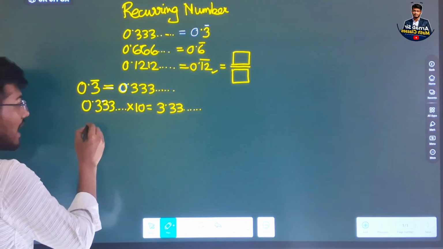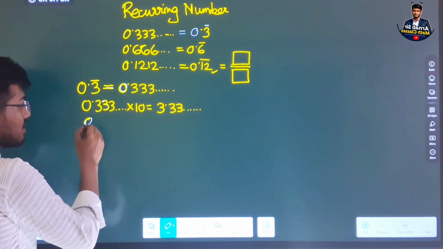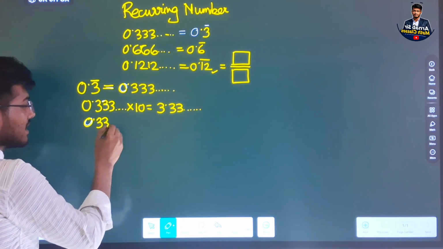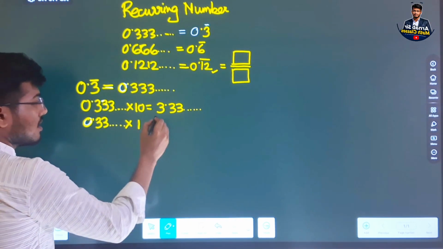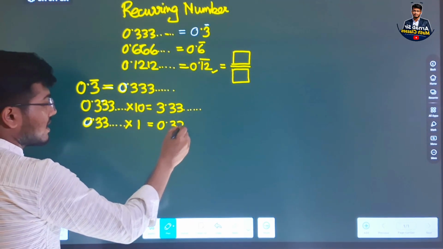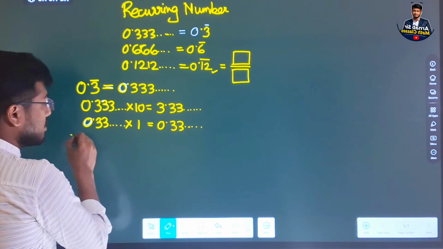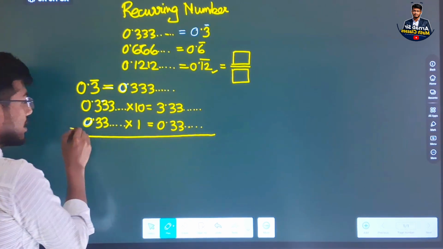Next, we write only 0.33333 multiplied by 1, that means 0.333 and so on. If you subtract the two numbers, what happened?